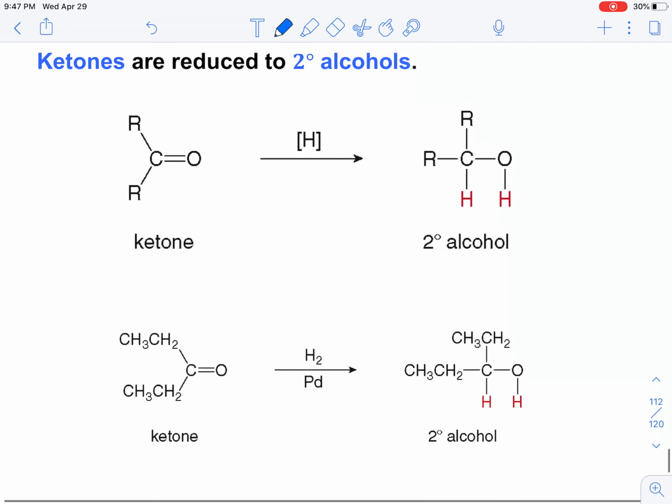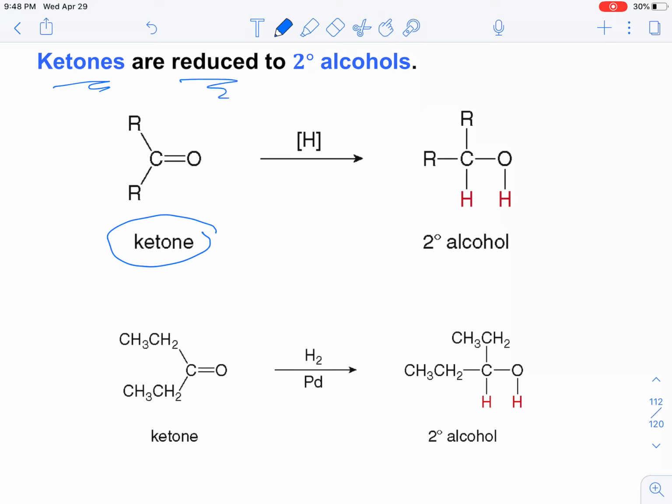And so for ketones, instead of an aldehyde, we have a ketone. So if you're starting off with a ketone, and you reduce that ketone, you're going to create a secondary alcohol. And so reduction produces a secondary alcohol.